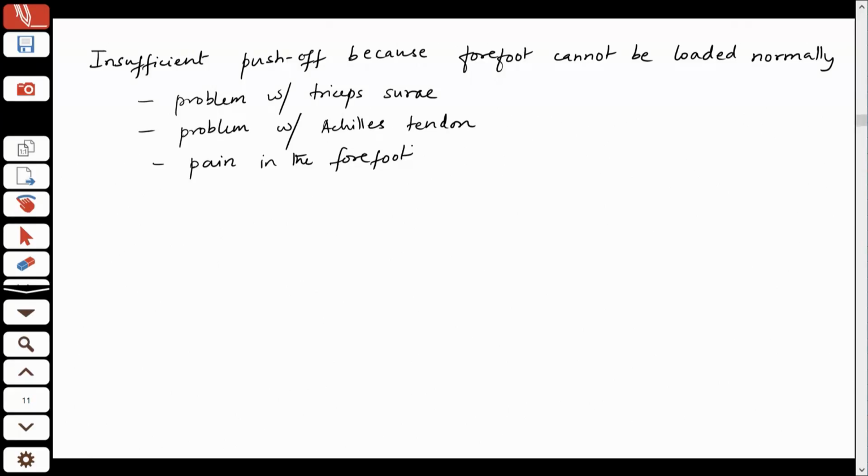So, you again will have asymmetry in the gait timing, because you will be spending more time on one foot than the other.